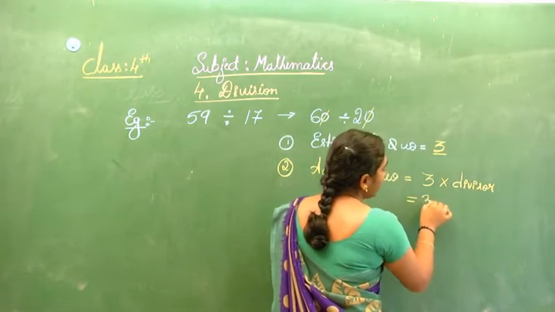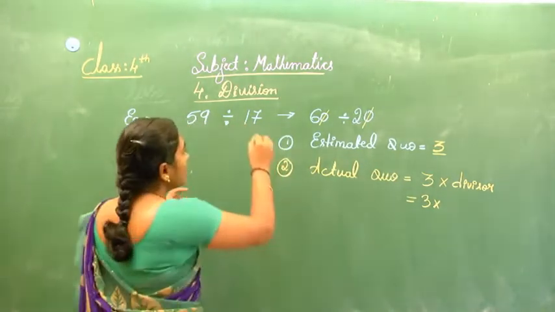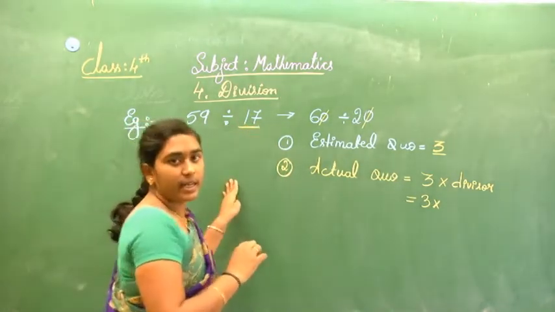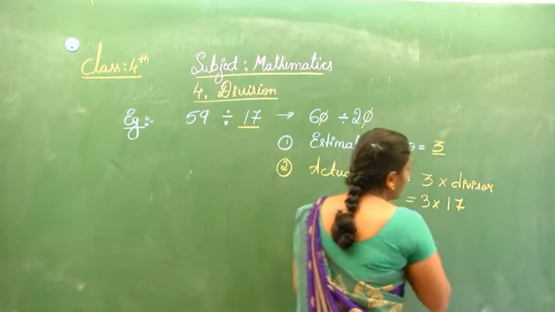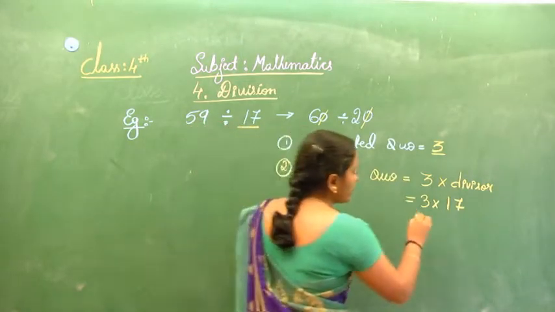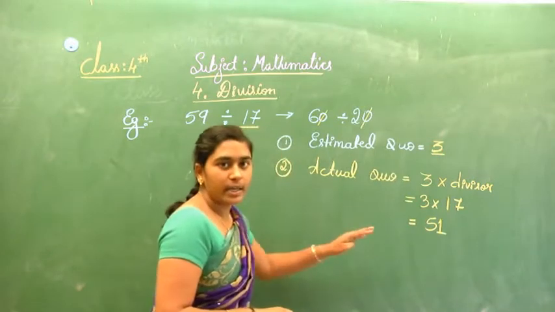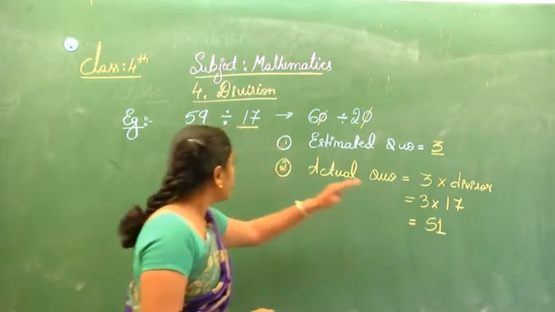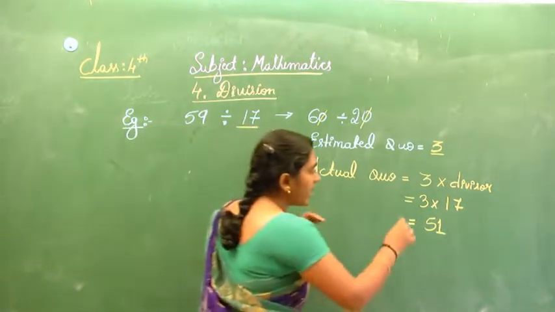The actual divisor given in the question, which is 17. Now write what is 17 threes. It is 51, which is lesser than the dividend.